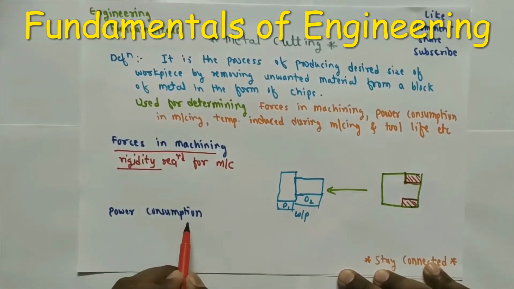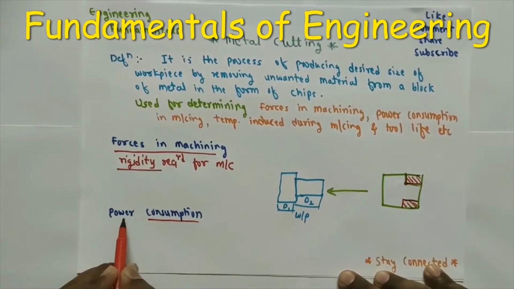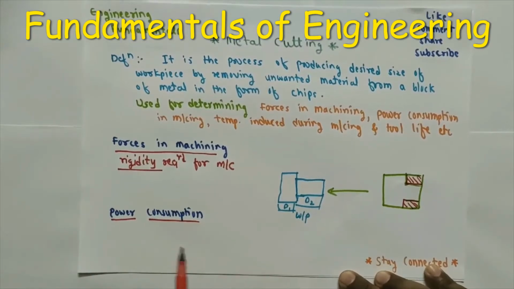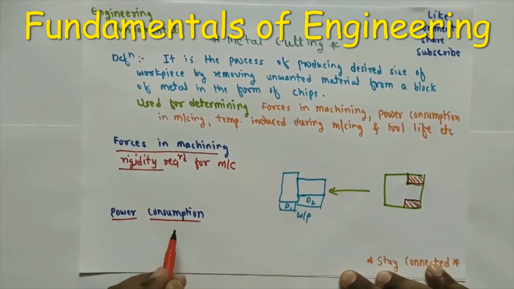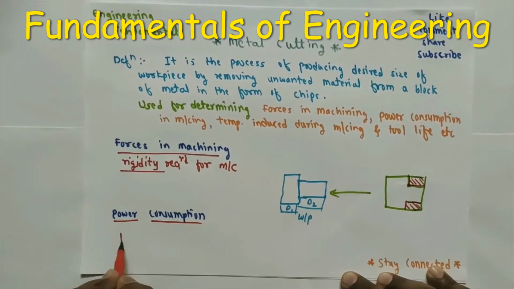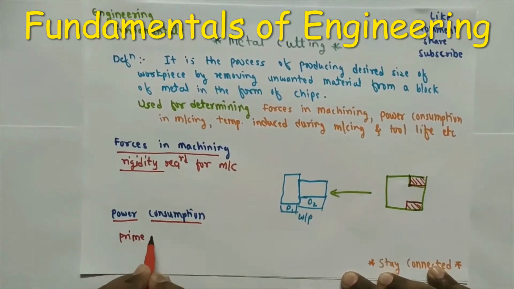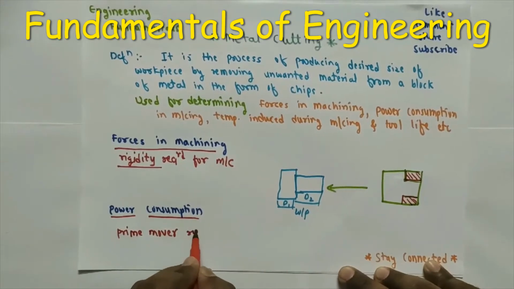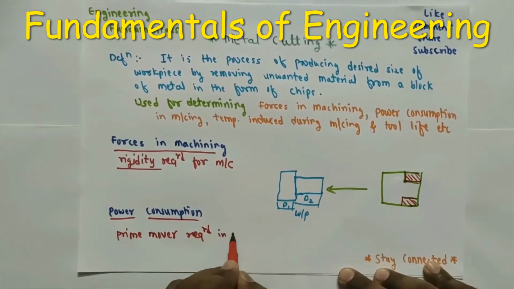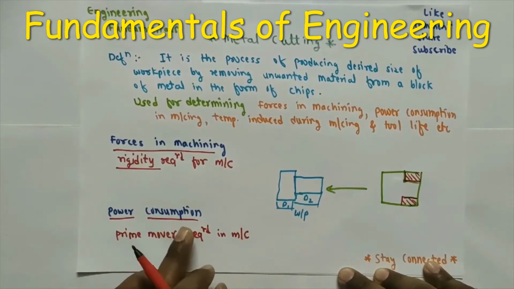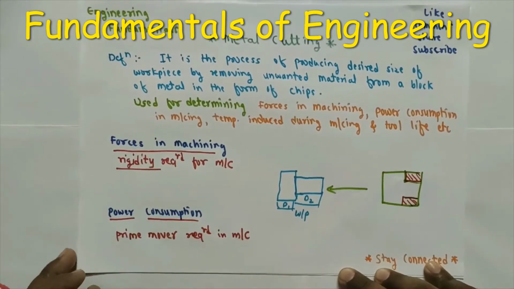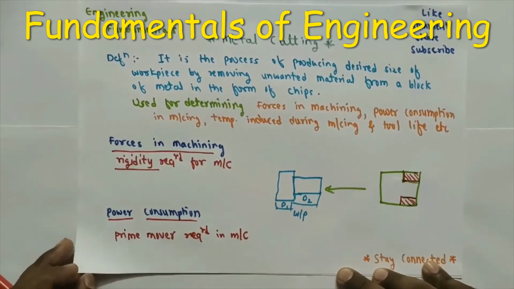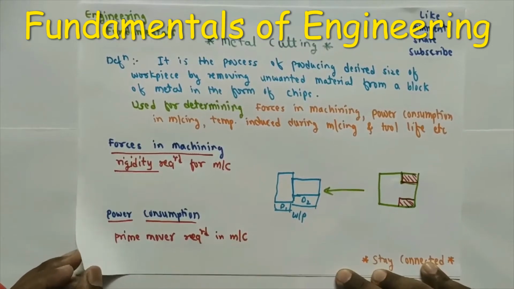Second, we have to know the power consumption. If we know how much power consumption is taking place, based on that we can finalize the prime mover required in the machine.